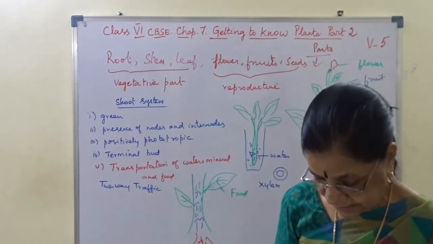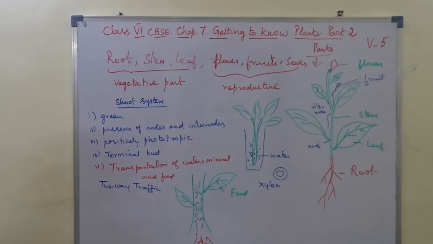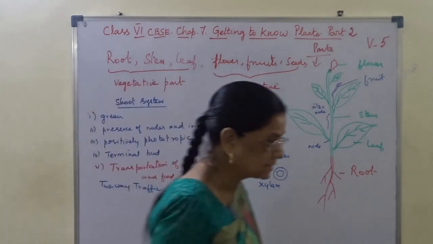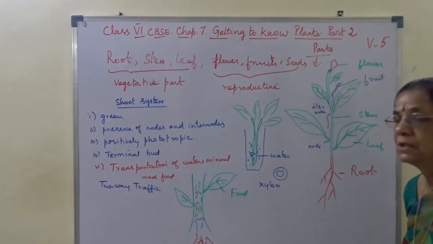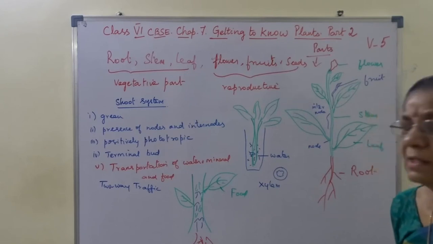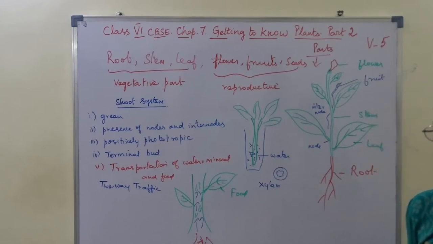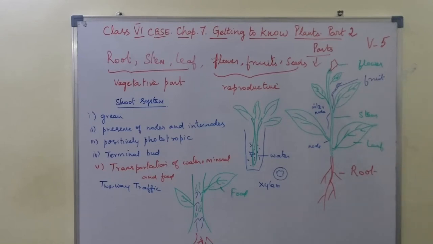Other than this, the characteristic features of the stem are: green in color, presence of nodes and internodes, positively phototropic, presence of terminal bud, sometimes in the axil presence of axillary bud. Main function, transportation of water, mineral salts and food. I hope you follow this.